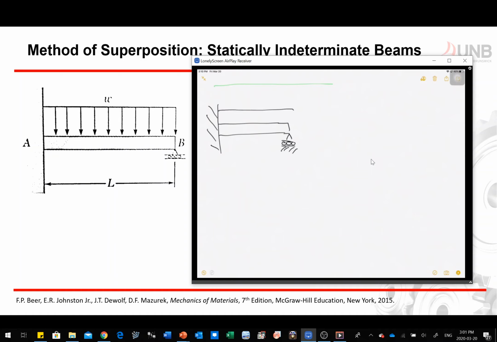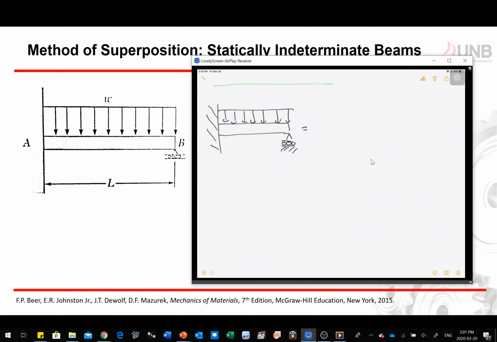How can we use method of superposition if we have this type of problem? We can split this beam into two. What do we mean by two? We can have the first one, which would be the cantilever beam with your distributed load, and the other one is just a support reaction at B.